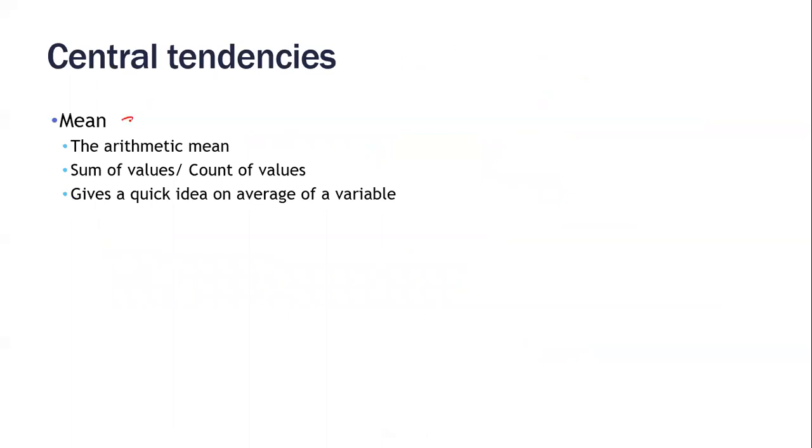Mean, which is also known as average. This is one of the first descriptive statistics that we calculate, isn't it? Mean is the most widely used descriptive statistic. What is the formula for calculation of the mean? It will be sum divided by count, isn't it?